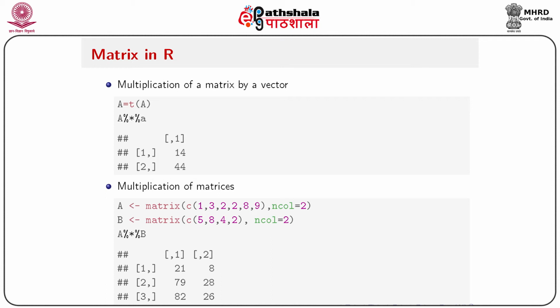So for matrix multiplication, it will follow the rule that the number of columns should be equal to the number of rows of the second matrix. So the same binary function defined in R, the asterisk within 2 percent symbols, can be used. A %*% B will give you the matrix multiplication.